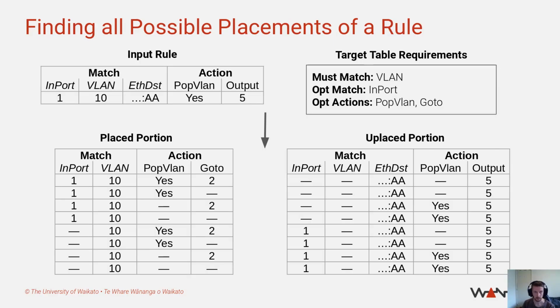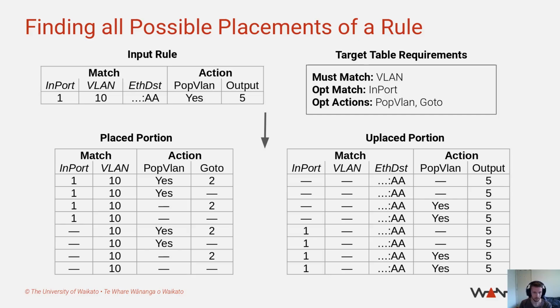To find the placements of a rule, so this is the input rule into a single table in the target pipeline, we basically go through all combinations that that table allows. The result of this is that some portions of the rule will be placed and other portions of that input rule will remain unplaced.